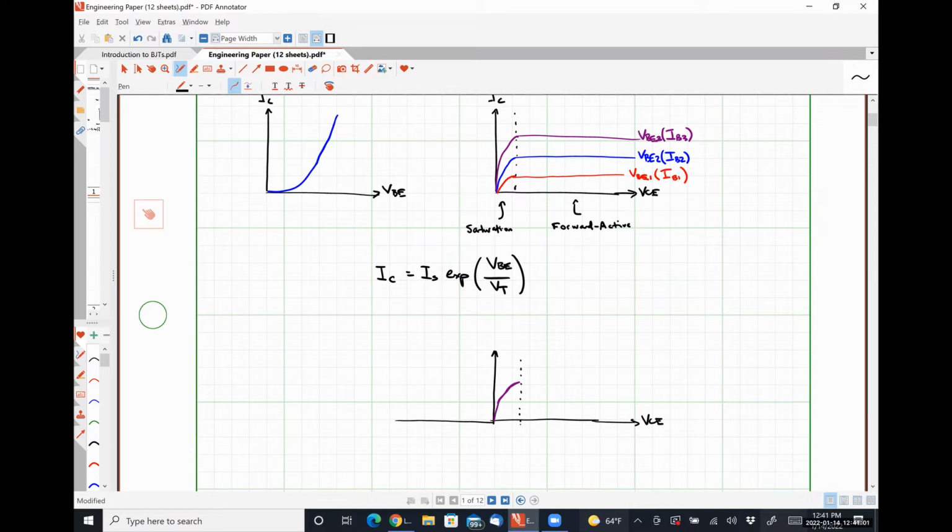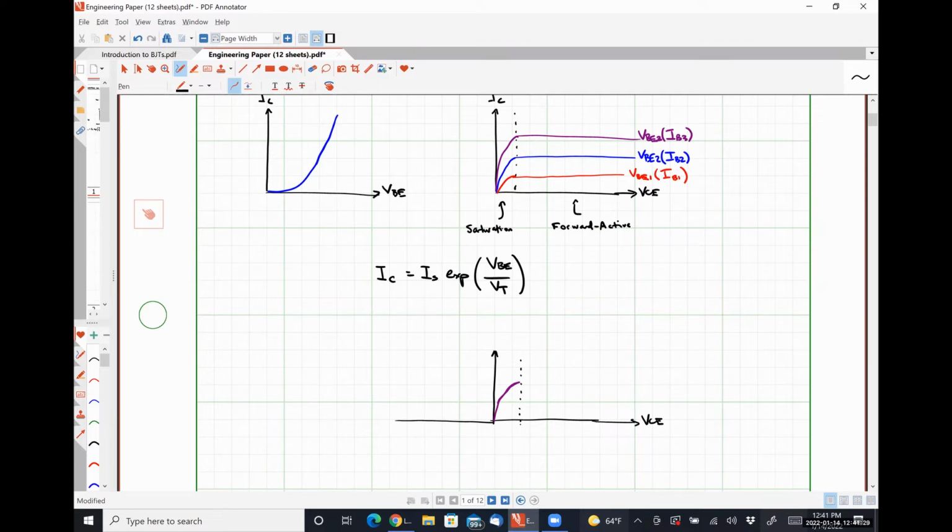As I described the early effect to you a moment ago, as the base collector junction becomes more and more reverse biased, the width of the base is going to get smaller and smaller. In saturation operation, is the base collector junction reverse biased? No. Right.